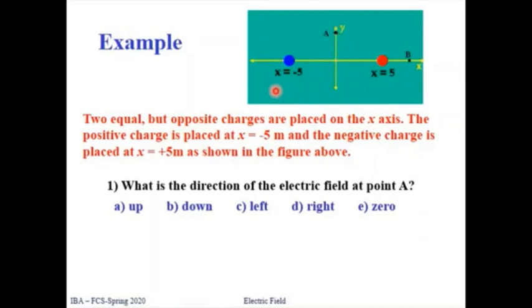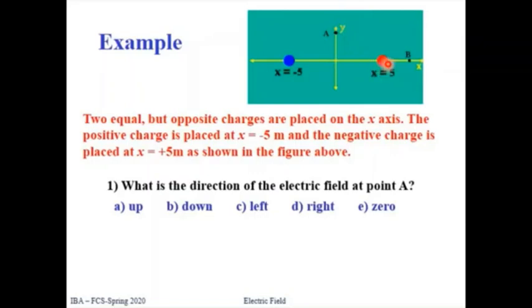As given here, this is the position of a positive charge and this is the position of a negative charge. I already mentioned in the previous slide that if we have a positive charge, then the lines of force evolve from this positive charge. That means the direction of the field at this point must be in this direction.